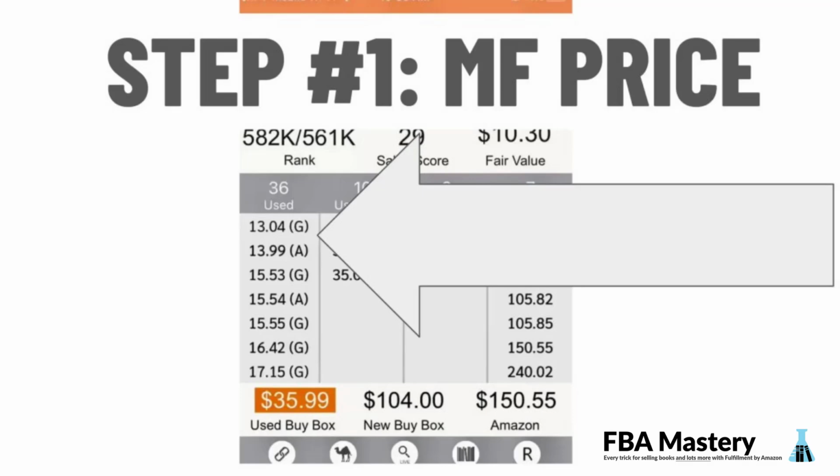Because if the merchant fulfilled price is high enough, FBA prices are almost always higher than merchant fulfilled. So I don't care what the FBA price is, because it's only going to be higher than that. So I can just throw it in my cart, or immediately run to the counter, or if I decide to shoplift, stuff it down my pants or whatever, right? I can know I'm going to buy the item immediately. I'm joking, by the way.